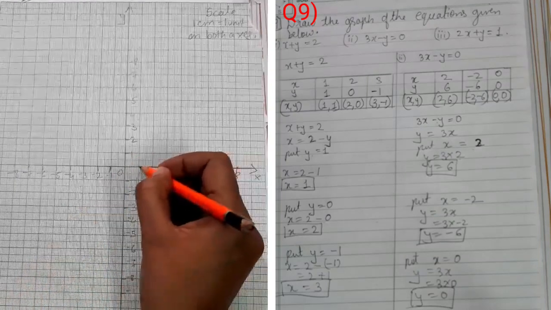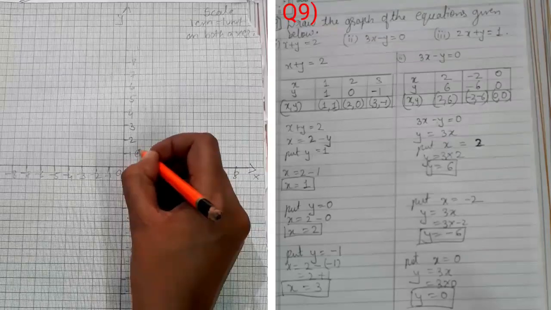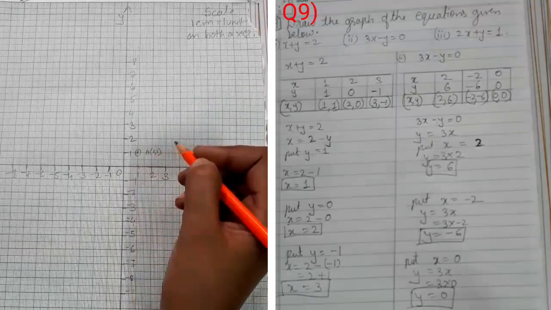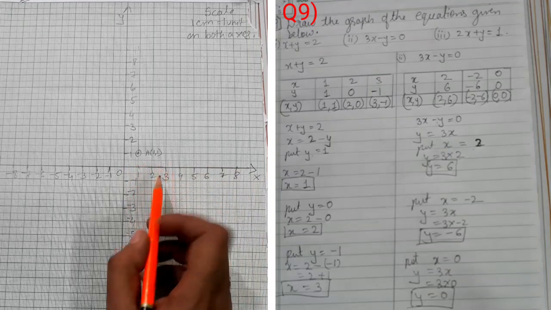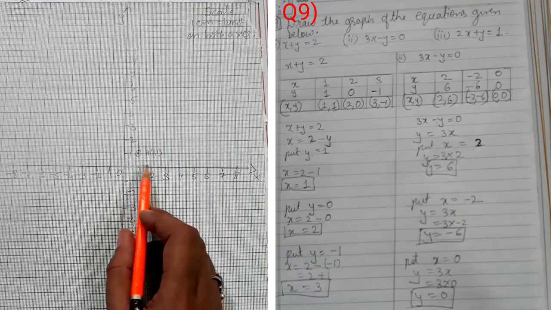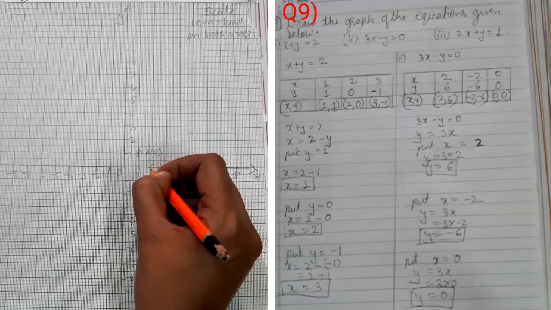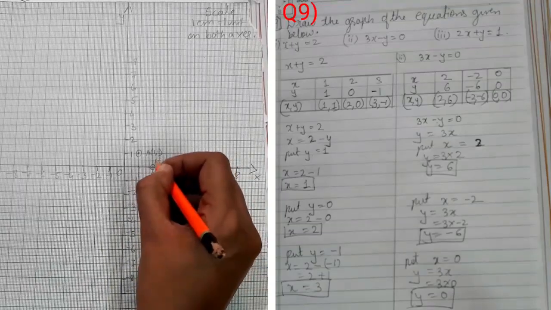So x is 1, y is also 1. Both are positive numbers. So give the name A, 1 and 1. The second one we got 2 and 0. So the x coordinate is 2, the y coordinate is 0. It means it will lie on the x axis. 2 and 0, give the name B.